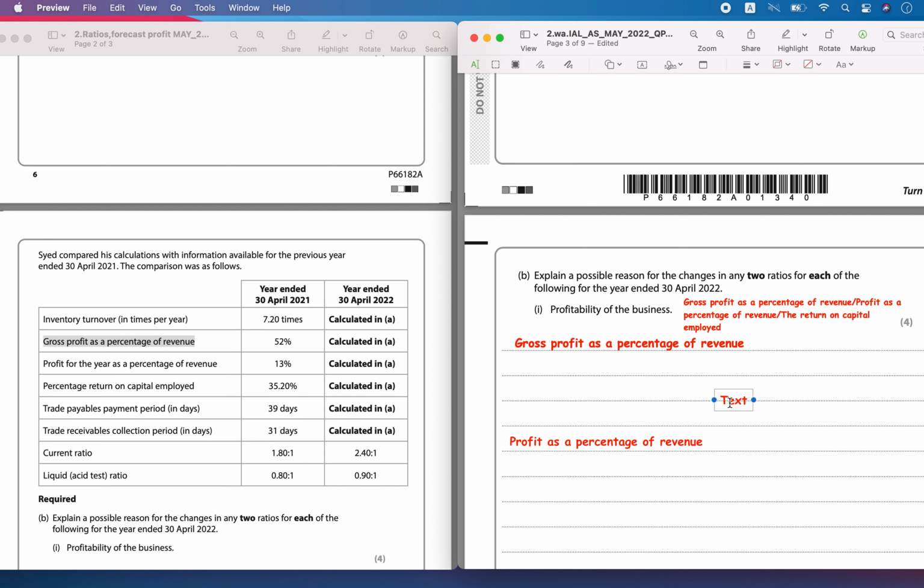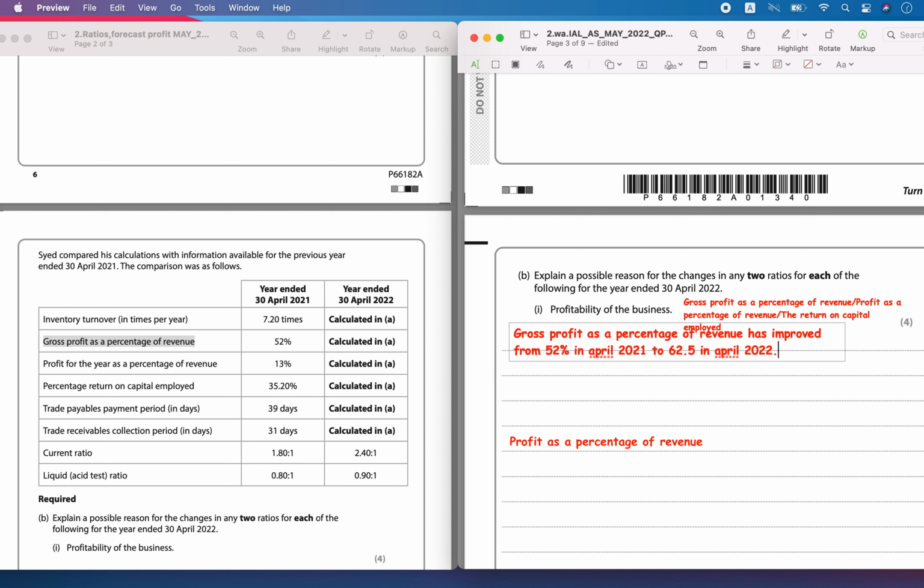So we can say that the gross profit as a percentage of revenue has improved from 52 percent in April 2021 to 62.5 percent in April 2022. And then you have to give a reason.